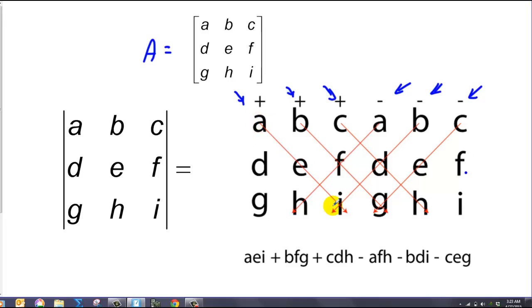So what I get is the product of AEI, that's this guy going to the right, BFG, CDH. Since they're all going right, I add those products. And then I've got AFH, BDI, and CEG. Since those are all going left, I subtract their products.